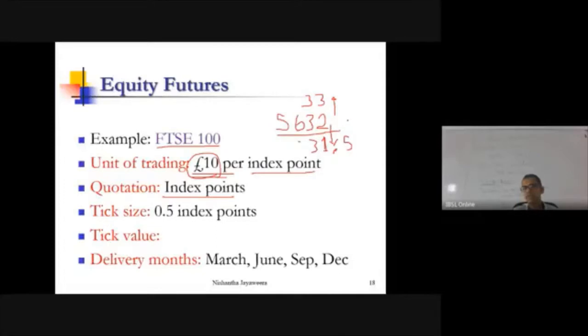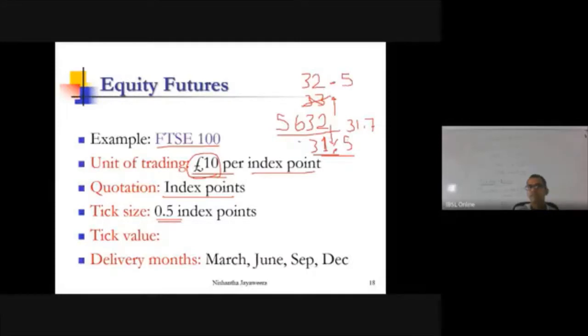It cannot go down to 31.7 because the minimum size is 0.5. The price has to move by a minimum of 0.5, not by 0.1. So from 32, the next level would be 31.5 or 32.5.